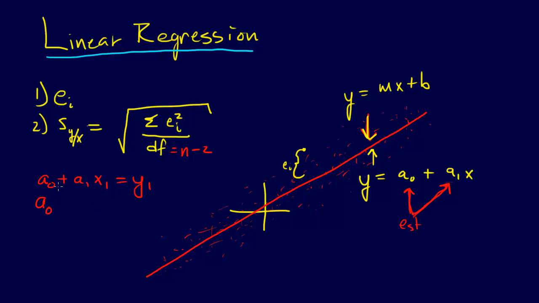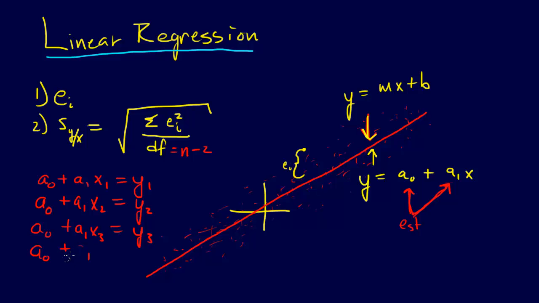A naught, same a naught, plus a1 x2 equals y2. A naught plus a1 x3 equals y3. A naught plus a1, and so this goes right on down.